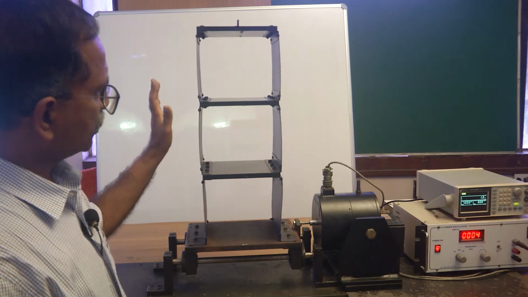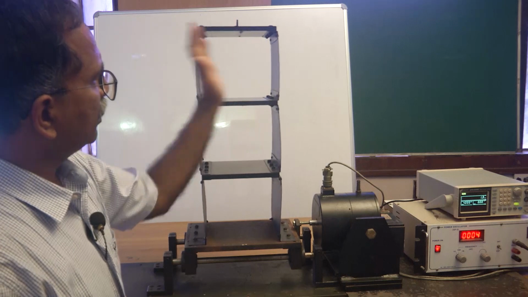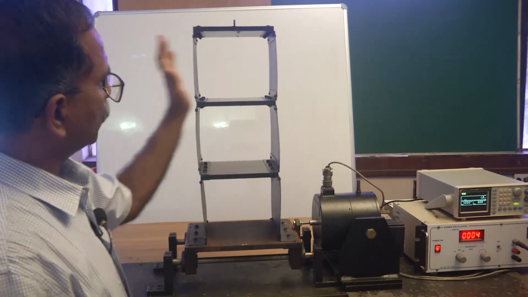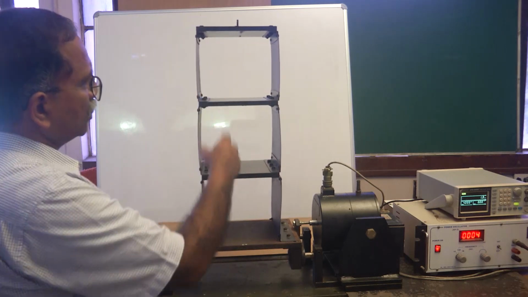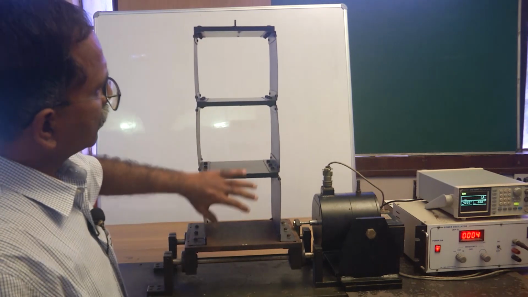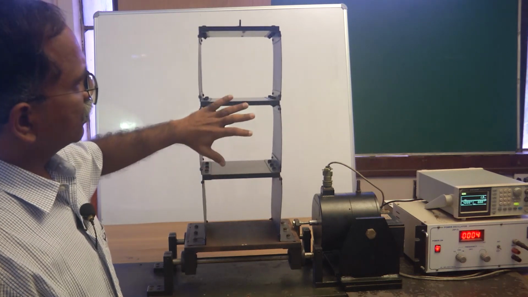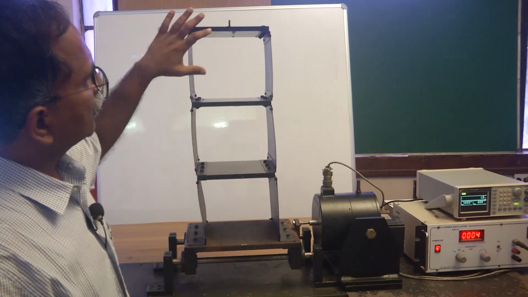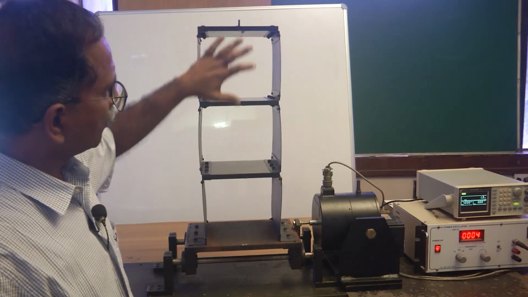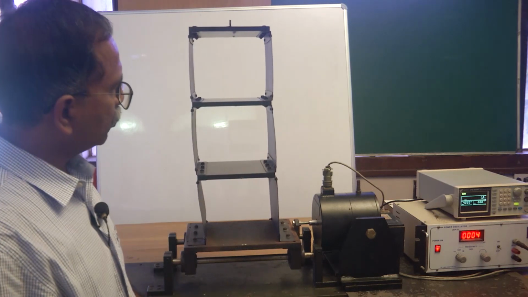And yes, this is the frequency of 1.3 hertz, and you can see that the whole building is moving back and forth in phase. All the masses move in phase, and if you do the numerical calculation of this as a multi-degree of freedom system, modeling this as a 3 degree of freedom system, it is possible to show with the numeric values of these masses and the stiffnesses which we shall provide you.